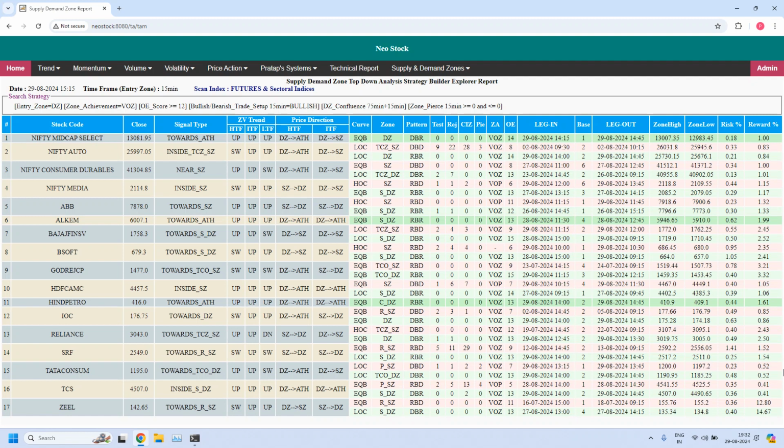Now out of these 17, how many are having even EMA confluence? Because they are having 15 and 75 minutes zone confluence, we need to check for the 75 minutes EMA confluence. It's not 75 EMA, the 75 minutes zone with daily EMA confluence.